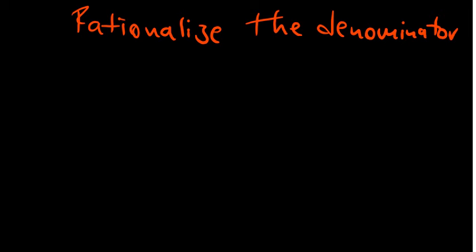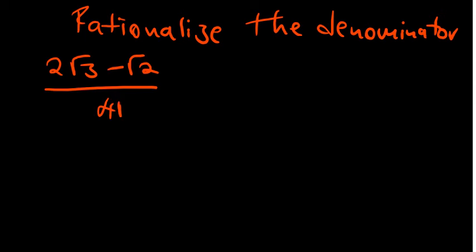Let's say you've been given 2 root of 3 minus root of 2 divided by 4 root of 3. How do you get to rationalize the denominator, and what does it mean? By rationalizing the denominator, it means that they don't want to see a surd on the denominator part. They don't want to see a surd.